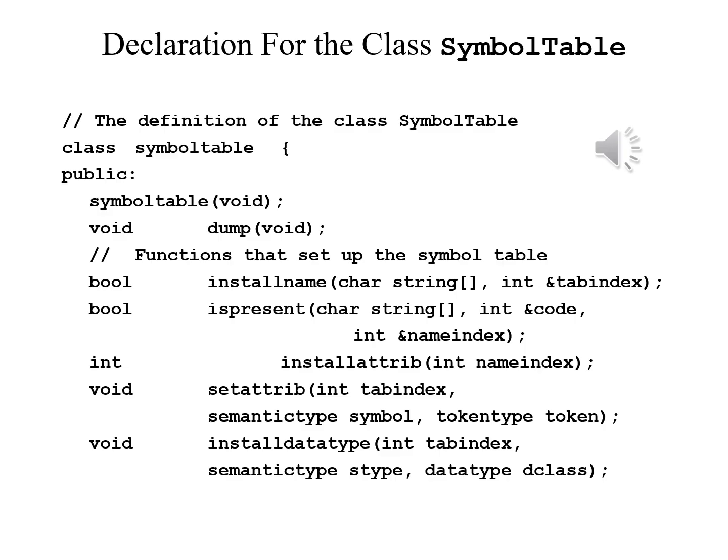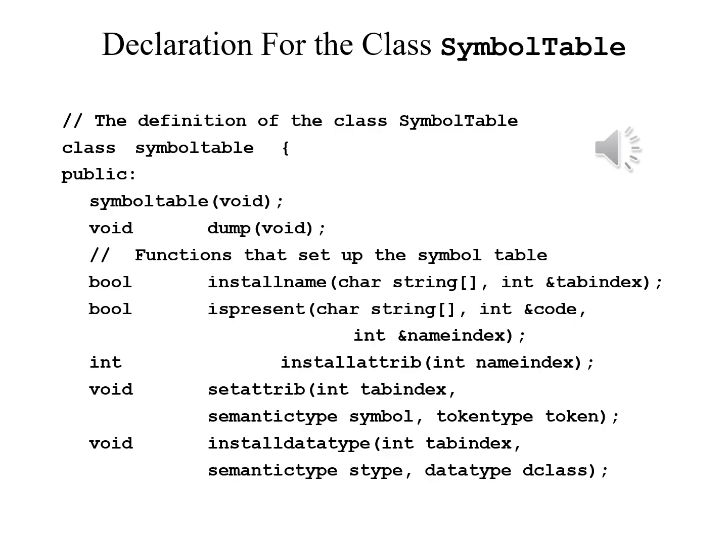While this is not necessary when the compiler is complete, it is extremely useful while we are still testing and debugging it. Install name returns true if the lexeme is already in the symbol table, and if it isn't, it will install it and return false. Is present returns true if the lexeme is in the symbol table and false if it isn't. Install name is one of a few methods that make use of is present.